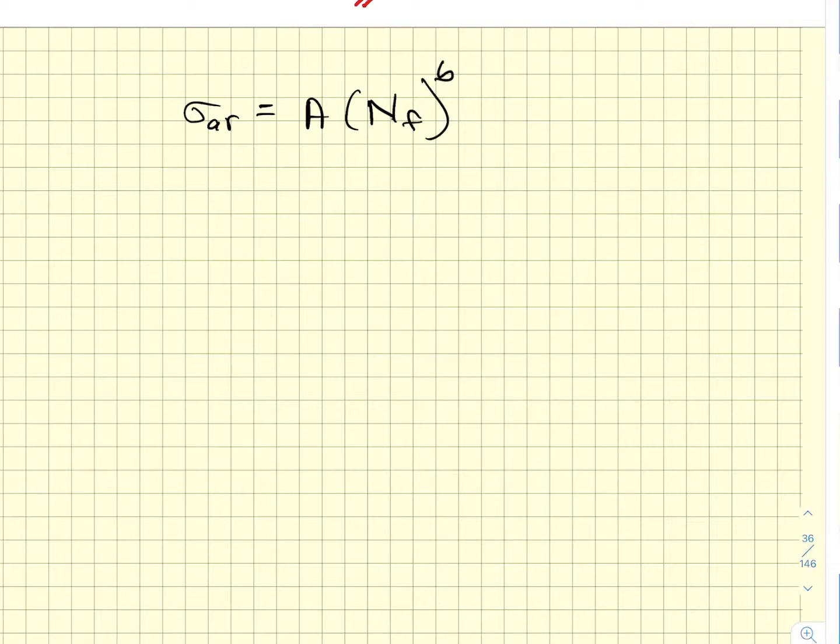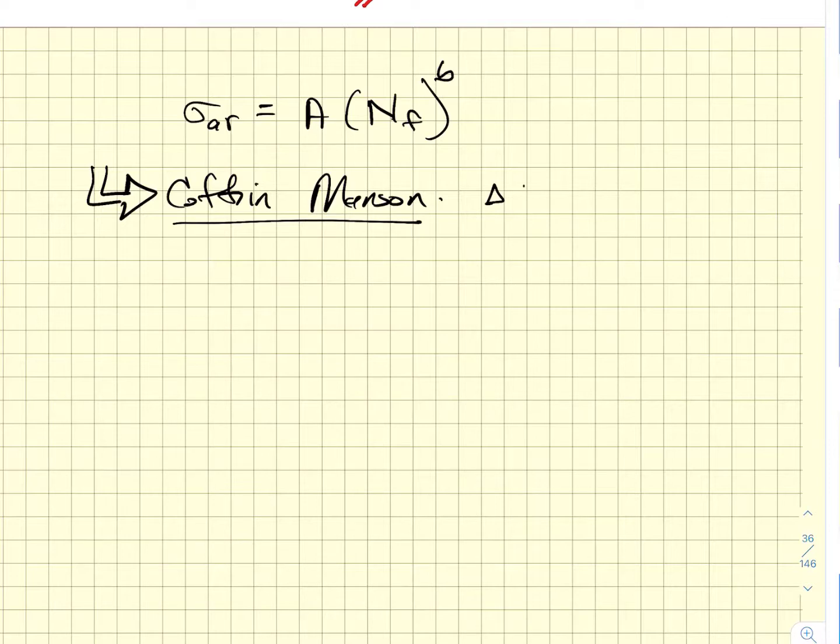But then we're going to transition and go back to the second part of Coffin-Manson. And you may recall that the Coffin-Manson law relates the total strain amplitude to the elastic strain amplitude and the plastic strain amplitude.